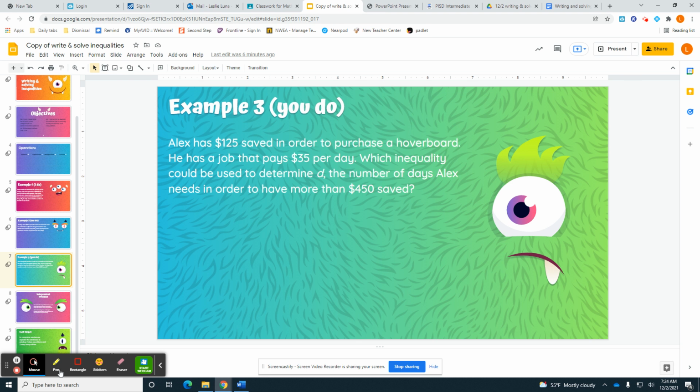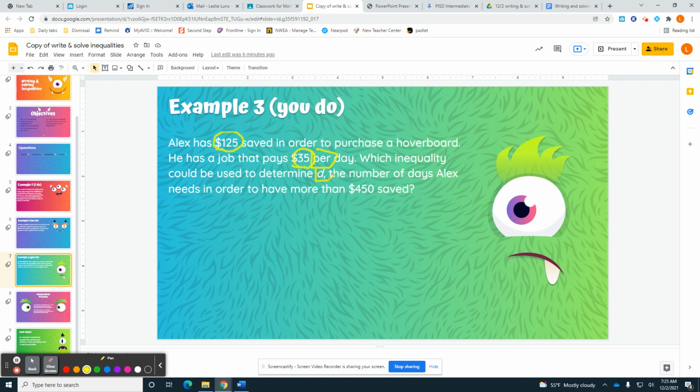All right. So you should have already text coded your problem and came back to make sure it was text coded correctly. So Alex has $125 saved in order to purchase a hoverboard. He has a job that pays $35 per day. Which inequality could be used to determine D?